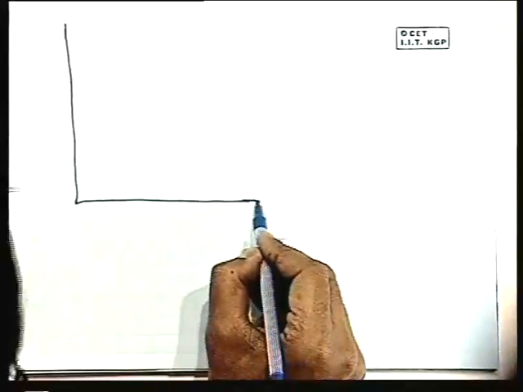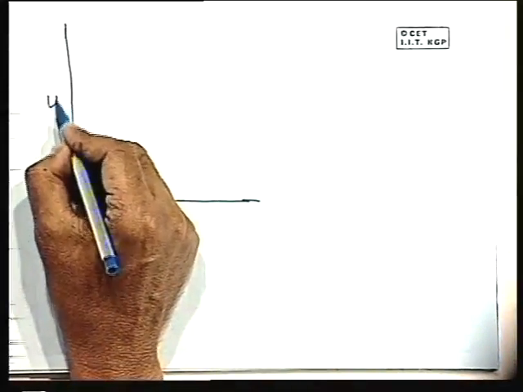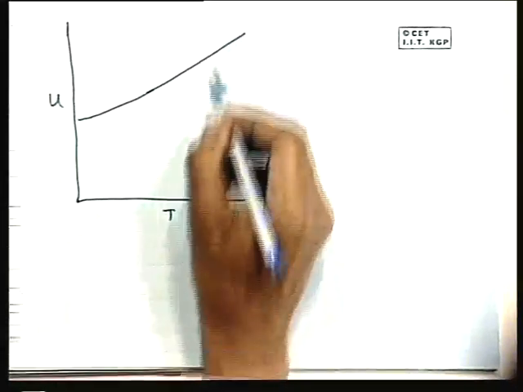But if we consider ideal gas reactions, we can substantially consider that internal energy and enthalpy are functions of temperature only. And if we draw a graph, because the figure will give you things in a more clarified way, for internal energy, this is temperature, the graph goes like this.